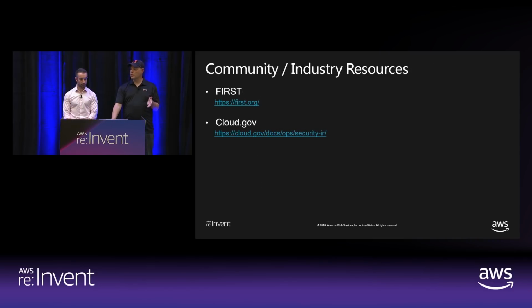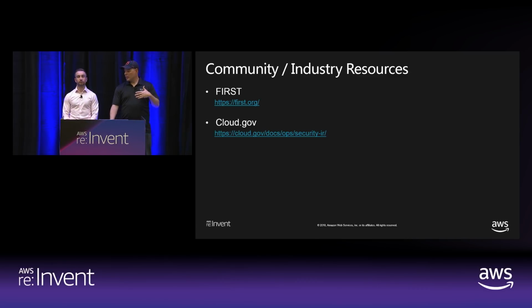If you're looking for community or industry related resources, check out FIRST, the Organization for Incident Response. They have online documentation as well as events where they have training, and AWS shows up at those events and provides training at FIRST events as well. And now there's documentation published at cloud.gov, on incident response that speaks to the cloud.